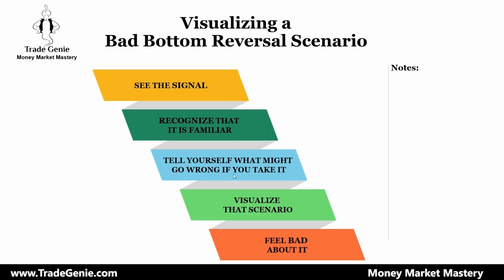You created a story in your mind, but you have seen before that it works, and it's a profitable trade. But we all create this step of visualizing what can go wrong, and then we don't take the action. We visualize that scenario and we feel bad about how much money we will lose. So this is not a good scenario.